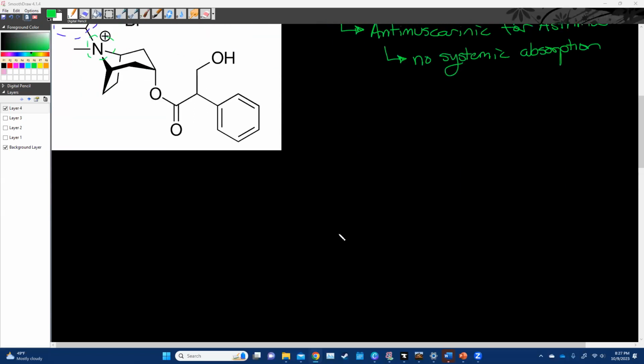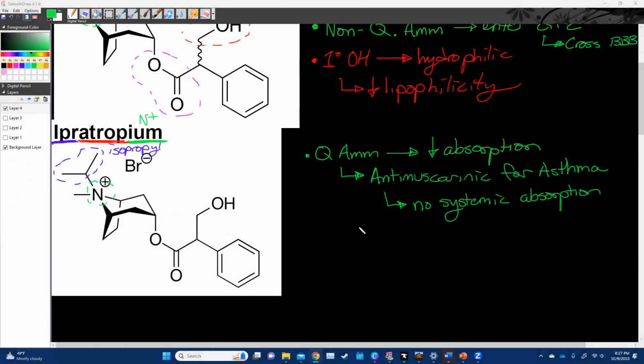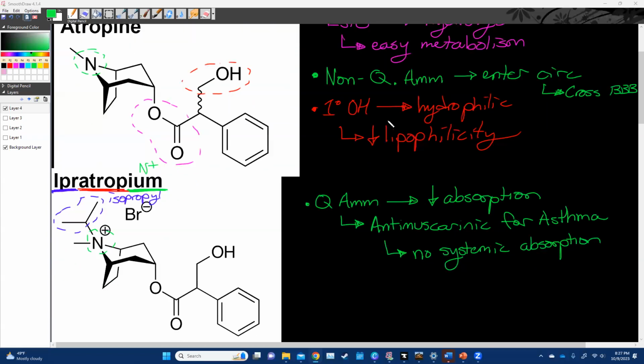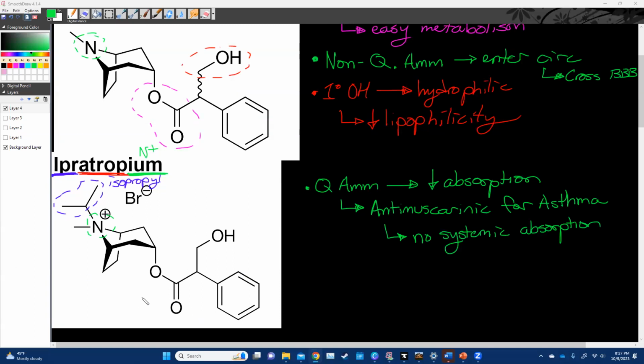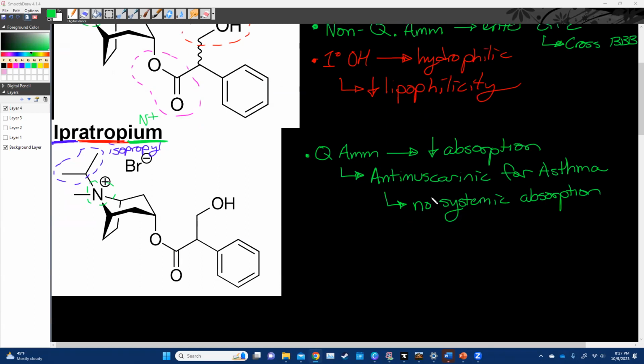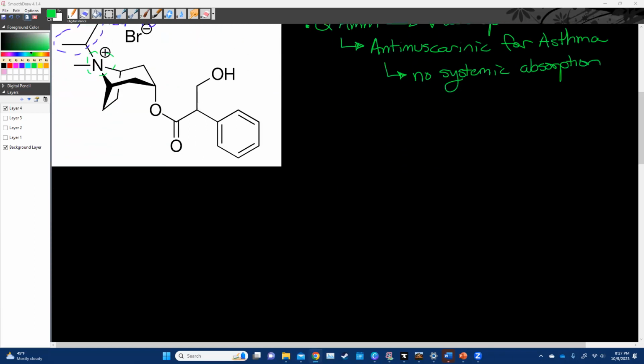Moving along. I'm not going to keep repeating it so we can move along. It has an ester, so is it easily metabolized? Yes. It has the hydrophilic group, so it decreases lipophilicity. So all those different aspects.